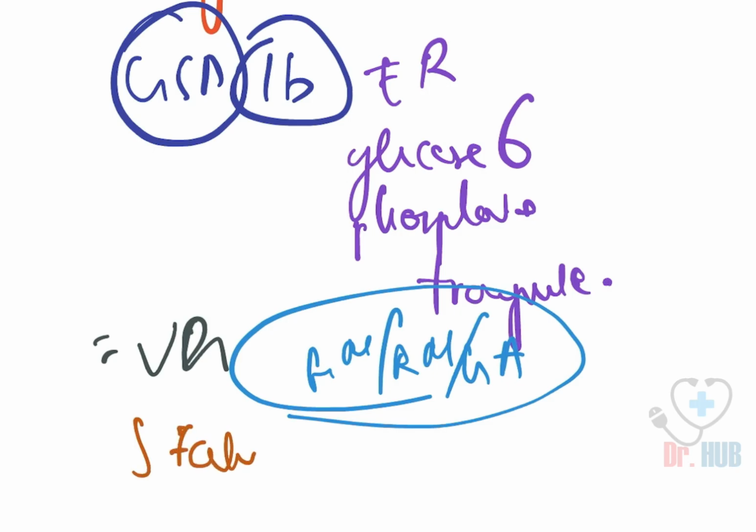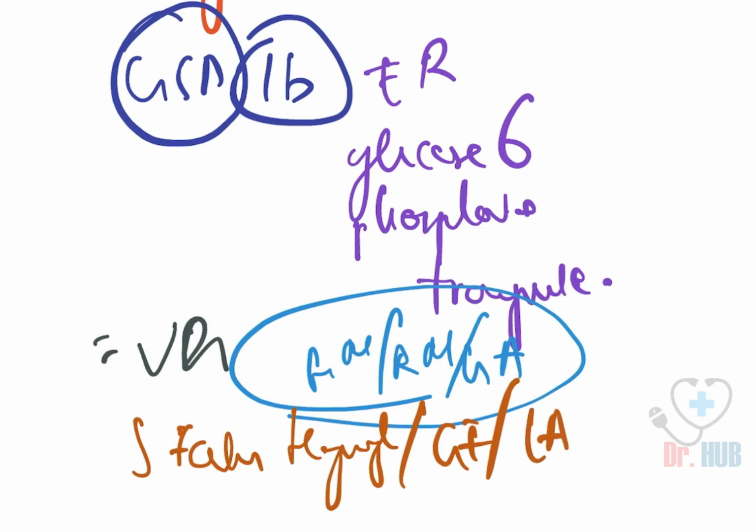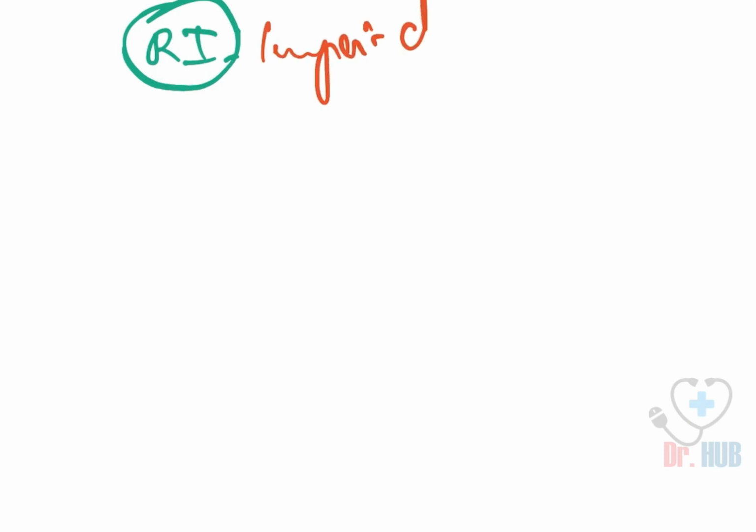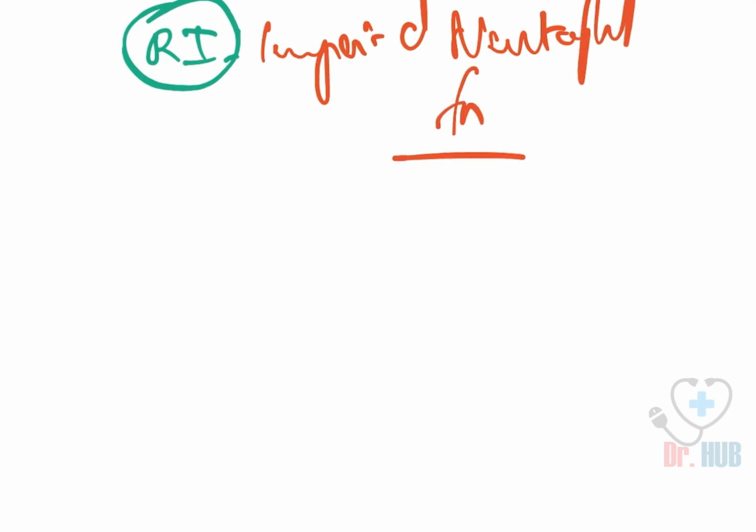Next there is also severe fasting hypoglycemia, growth failure, lactic acidosis as well as hyperuricemia and hyperlipidemia. Another thing to note is that there can be recurrent infections. Why are the recurrent infections occurring? It is mainly due to impaired neutrophil function.